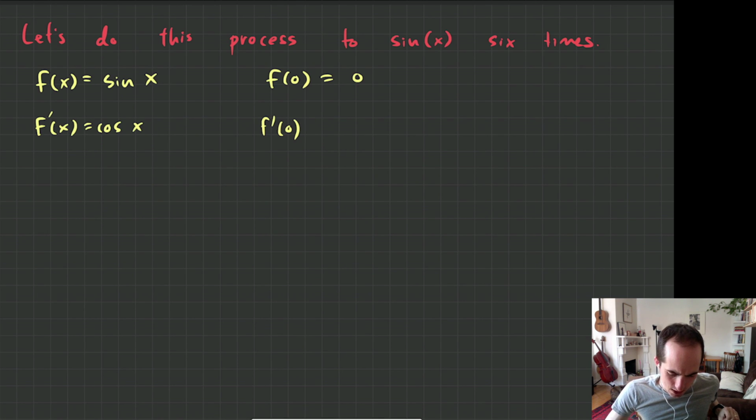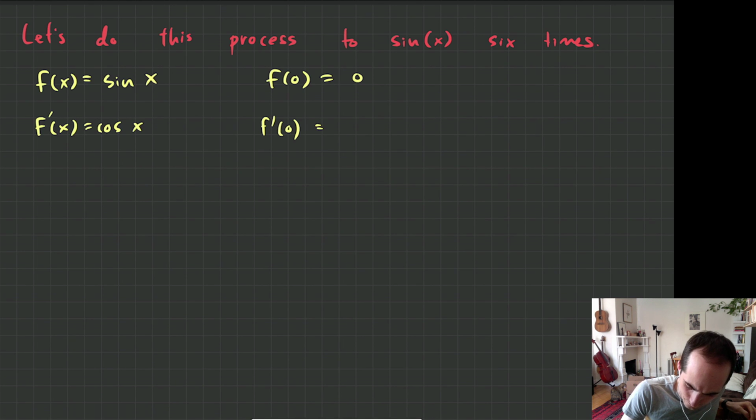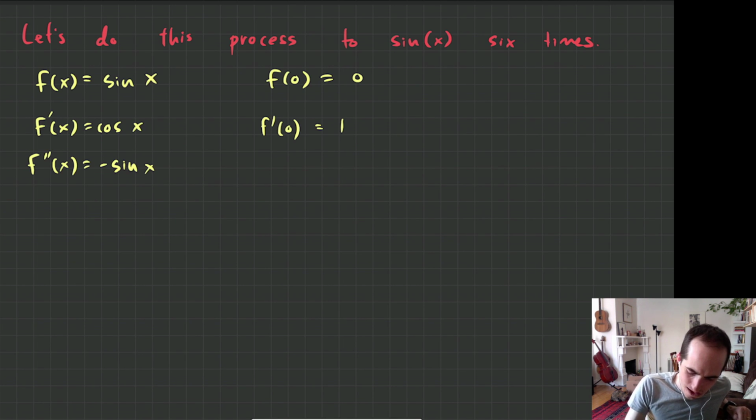Well, I've got cosine of 0, that would be 1. Great. Now I'll do f double prime of x, and that is equal to negative sine of x. That's good. And so f double prime of 0 is equal to negative 0, or just 0.